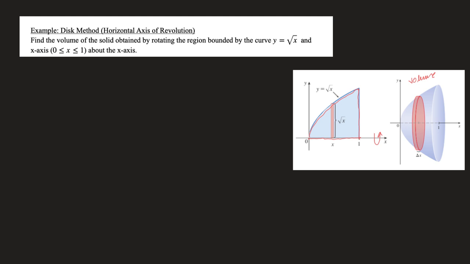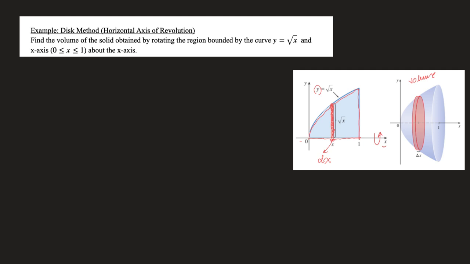So how can you start? Make a rectangle right here, perpendicular to the x-axis, which is the rotating axis. The base is dx, a small piece, because that's the x-axis. Then what is the height? The height is the y value, but here the y value is the radius.